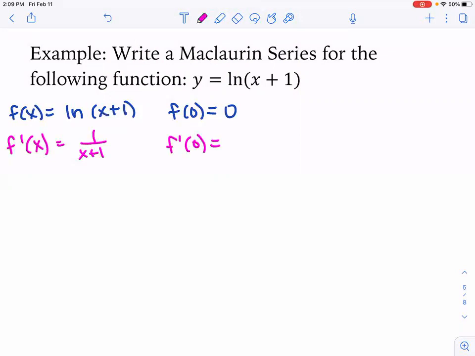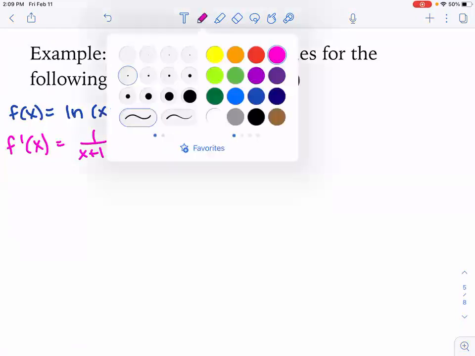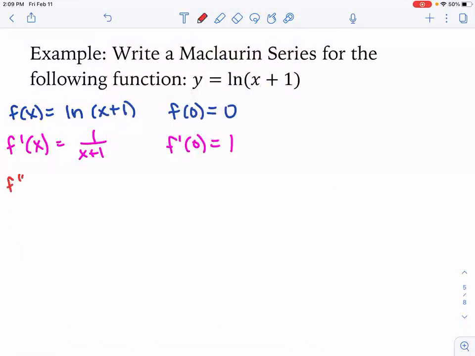What do we get when we plug in 0? Our second derivative, negative 1 times x plus 1 to the negative 2. What do we get when we plug in 0?